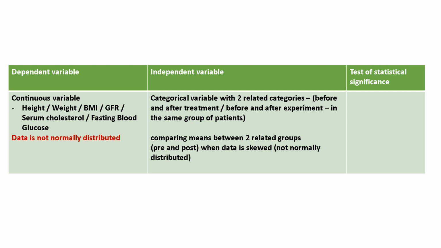Next scenario, the dependent variable is continuous, like height, weight, BMI, GFR, serum cholesterol, fasting blood glucose, etc. Data is not normally distributed. And the independent variable is categorical with two related categories, like before and after treatment, or before and after an experiment in the same group of patients.